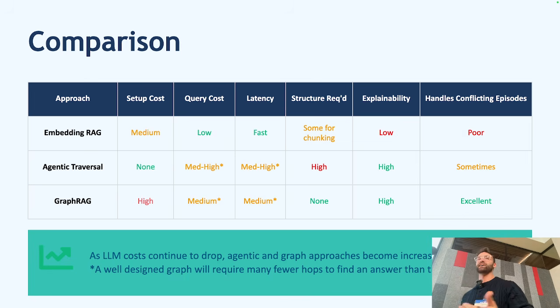You're going to have a terrible time explaining that. Agentic traversal, if there's high structure to the data, this is totally an option. That's probably an obvious answer. If there's not obvious structure to the data, and you want the highest possible quality and to be able to model the highest complexity relationships, then you probably have to use GraphRAG.